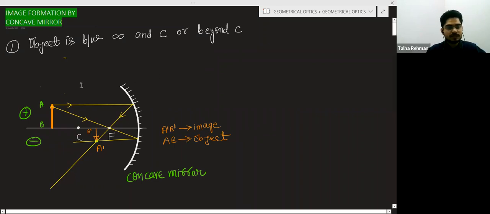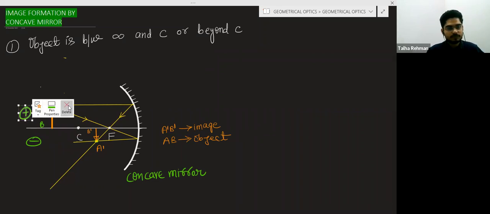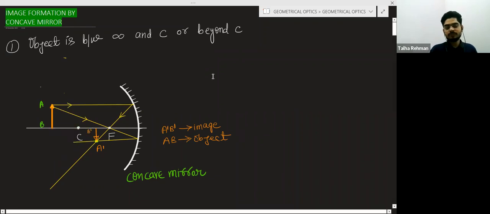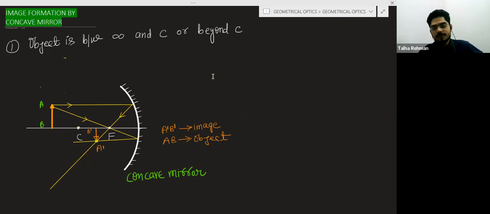Just take the screenshot fast. So that's how we form the image of an object in front of the concave mirror. Just fast, take the screenshot.